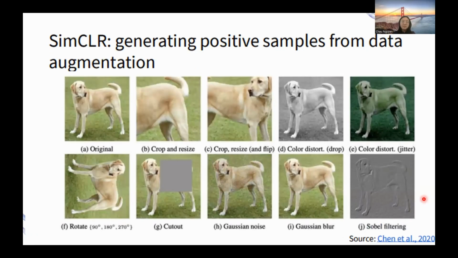And so these are some more examples, right? From the original, we want the model to learn that even if you crop it, group crop, and flip it, distortion, this is called jittering. And then you can rotate, cut out, apply Gaussian noise.